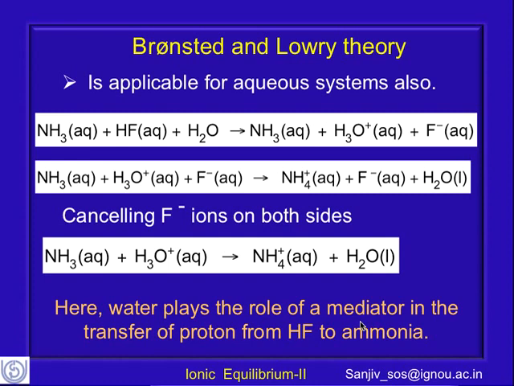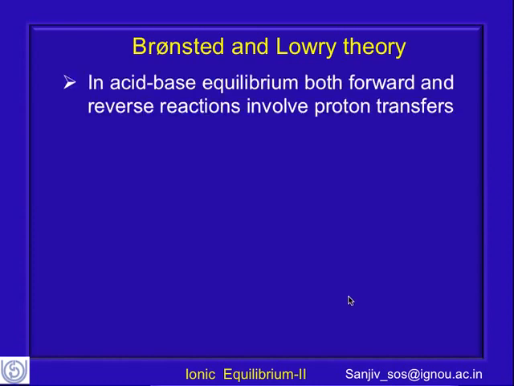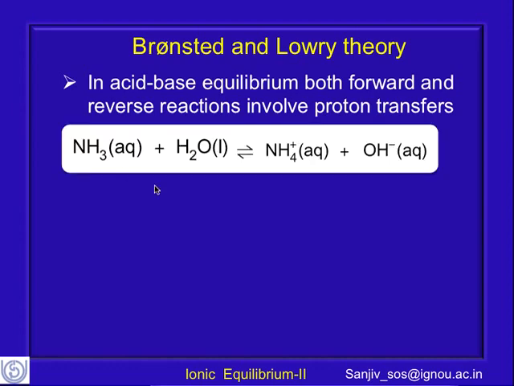Okay, let's move ahead. And this is again a very, very important observation vis-a-vis the Bronsted and Lowry theory, that if you write an acid-base equilibrium, let's take an example here again, the example we just discussed, that is ammonia in aqueous medium. So if I put it into water, what I get is ammonium ion and OH minus there.